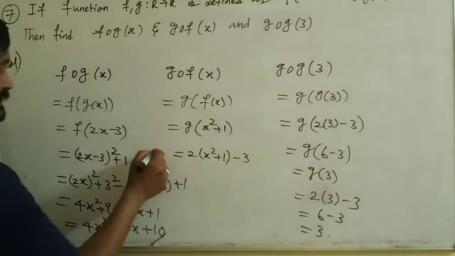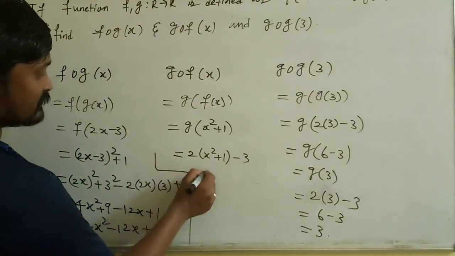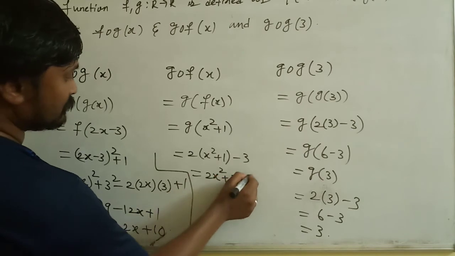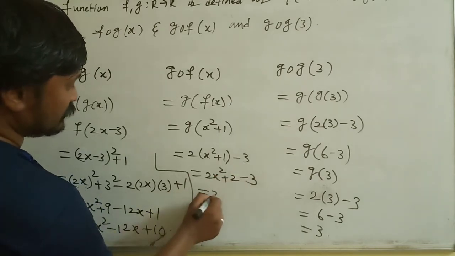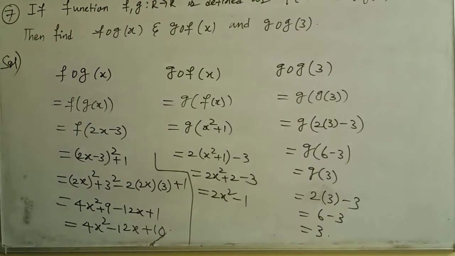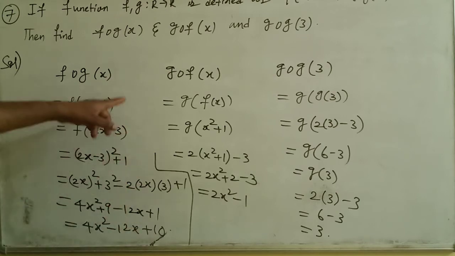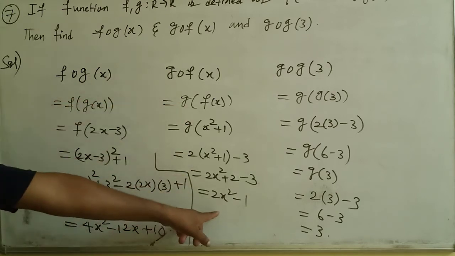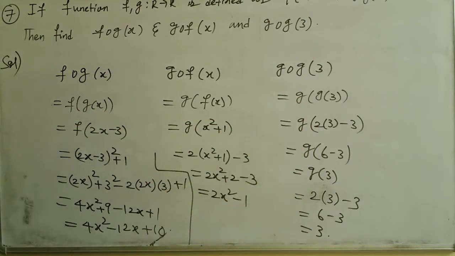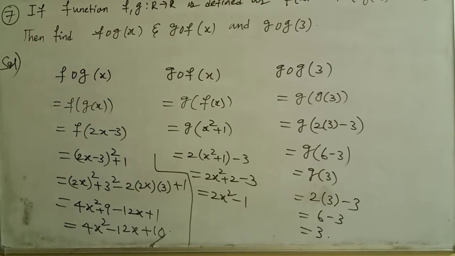Now let's simplify the other also. 2 times x square is 2x square, plus 2 times 1 is 2, minus 3. So 2x square plus 2 minus 3 is 2x square minus 1. So now you got the answer: f circle g of x is nothing but 4x square minus 12x plus 10, g circle f of x is nothing but 2x square minus 1, and g circle g of 3 is nothing but 3. So this is about your problem number 7.